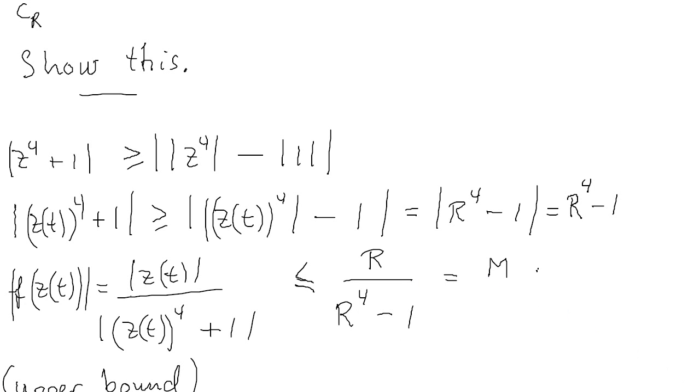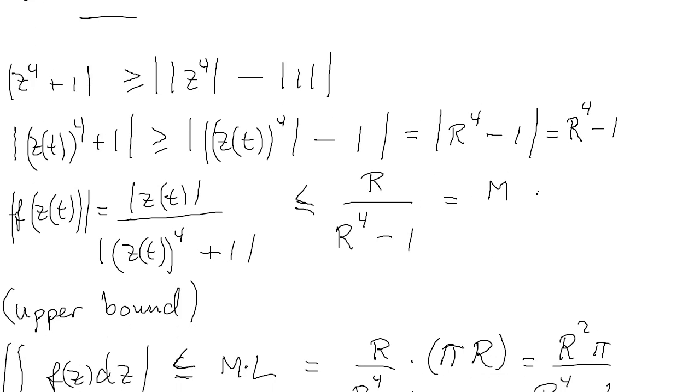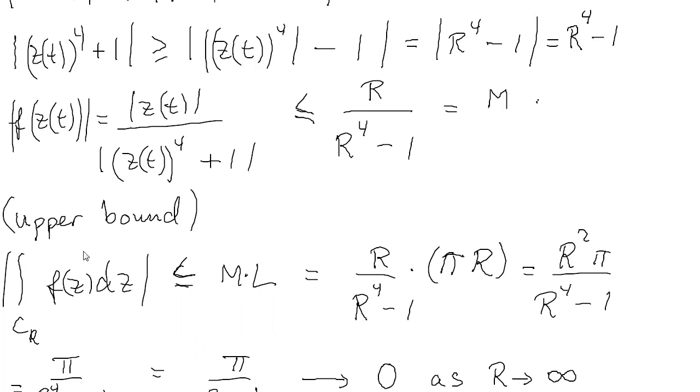we obtain the following, using the result we showed earlier, that the integral over any type of contour C_R is always less than M, which is the upper bound, multiplied with the length of the curve.